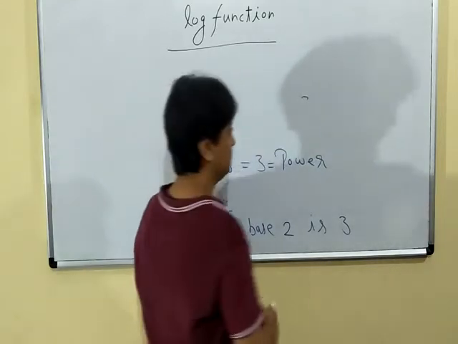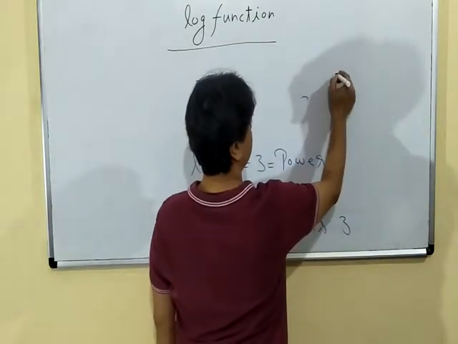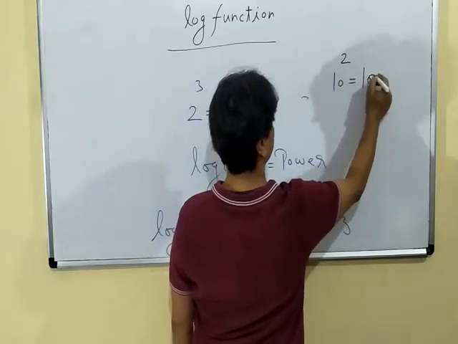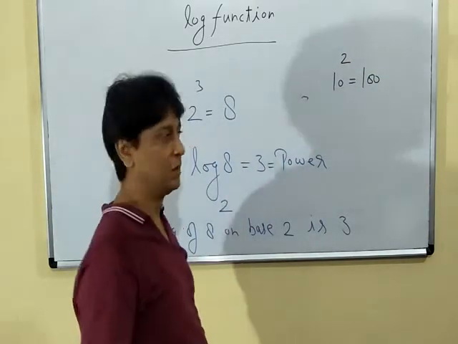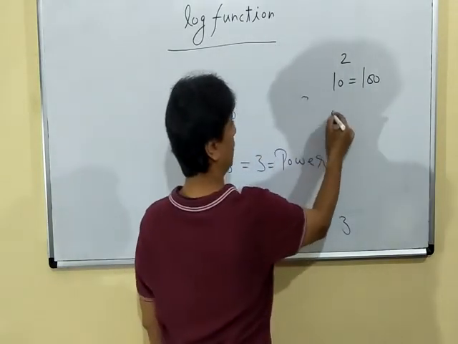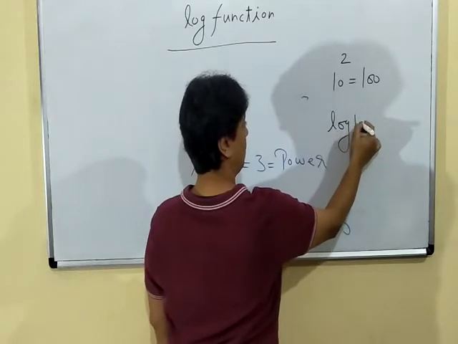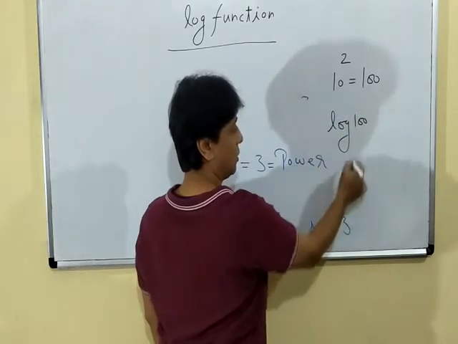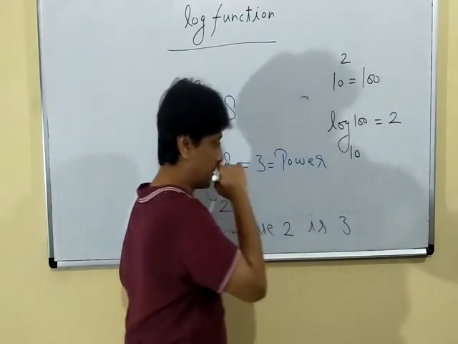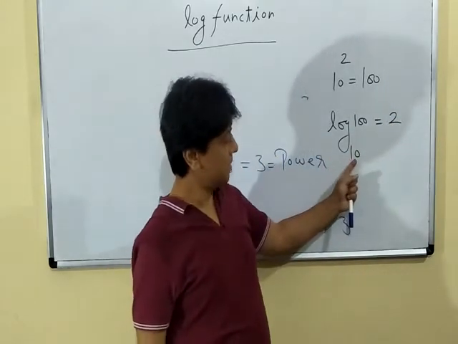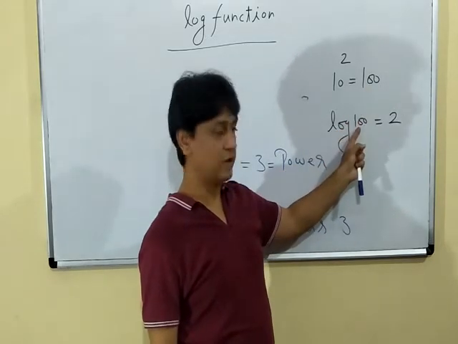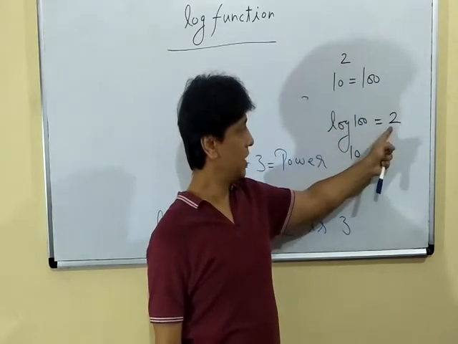Let's see another example. 10 to the power 2 is 100. Let's convert this thing in log. Log of 100 on base 10 is equal to 2. Base जिस पर पावर रेज किया, प्रोडक्ट 100, पावर यहां आएगी.